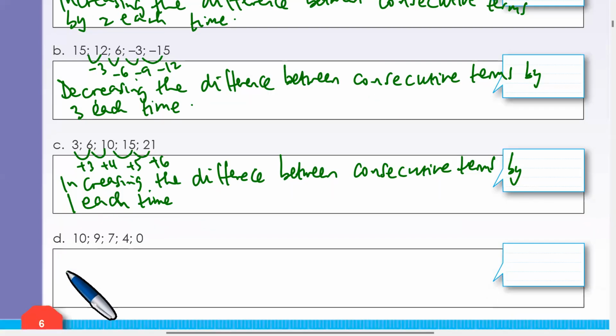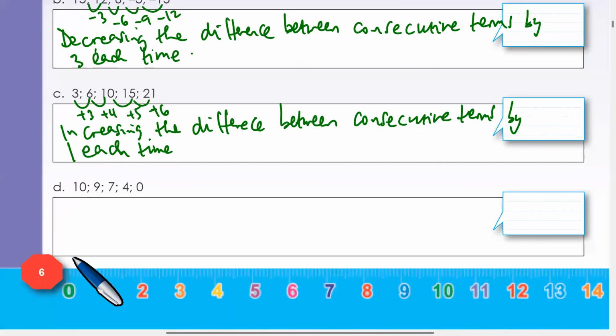Okay, let's come to this one. What do you think is happening in D? So it's a constant difference. Please come again. A constant difference. Okay. What is happening? Are we increasing or are we decreasing? Decreasing. We are decreasing.